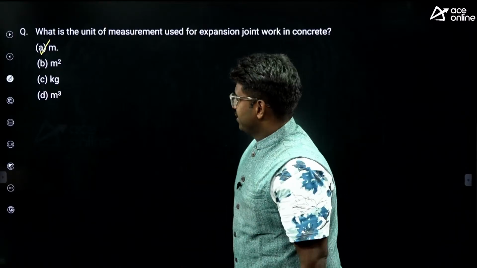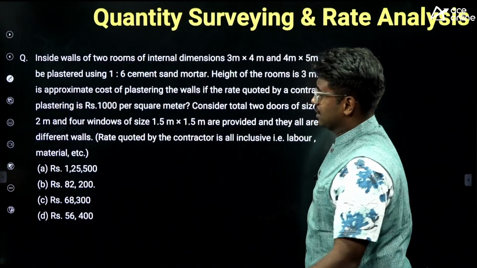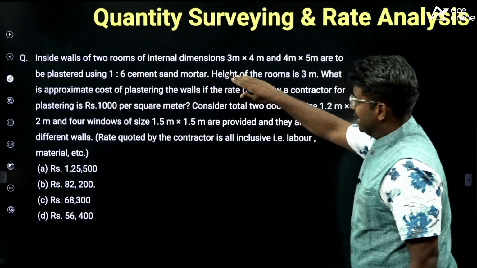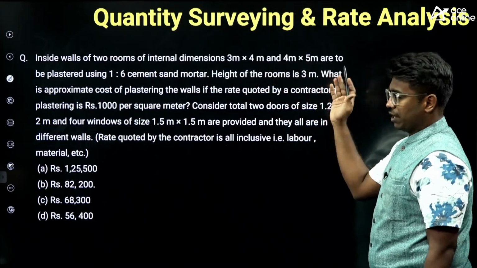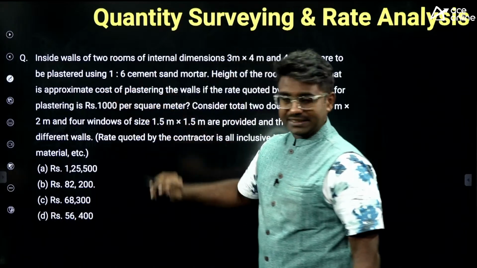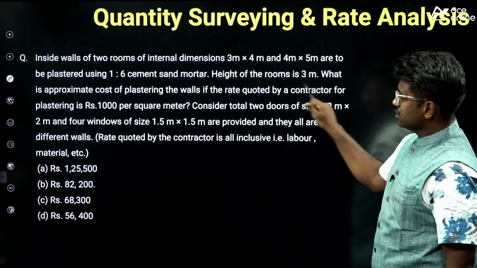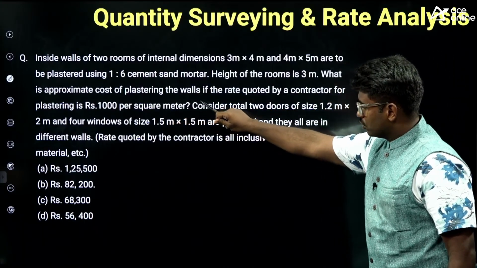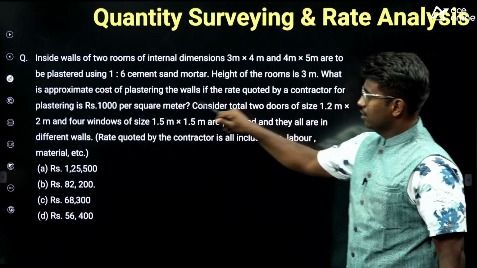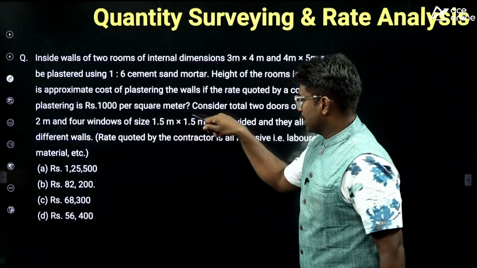Okay? Right. Next one. In quantity surveying and rate analysis, let's see the questions. Inside walls of 2 rooms of internal dimensions 3 by 4 and 4 by 5. There are 2 rooms, guys. Based on plastering using 1:6 cement sand mortar, height of the room is 3 meters. What is the approximate cost of plastering of the walls if the rate quoted by the contractor for plastering is 1000 rupees per square meter?